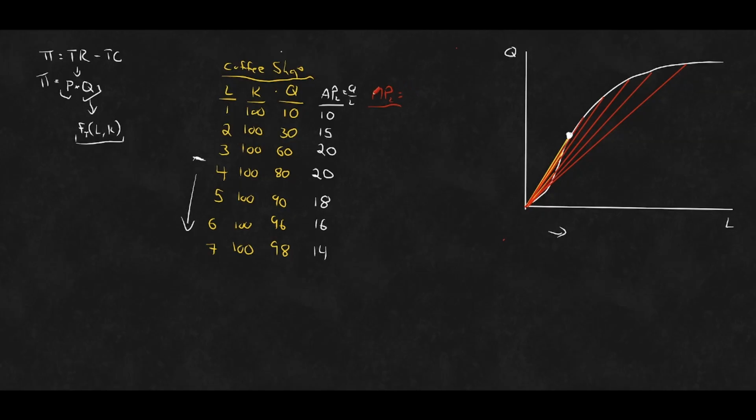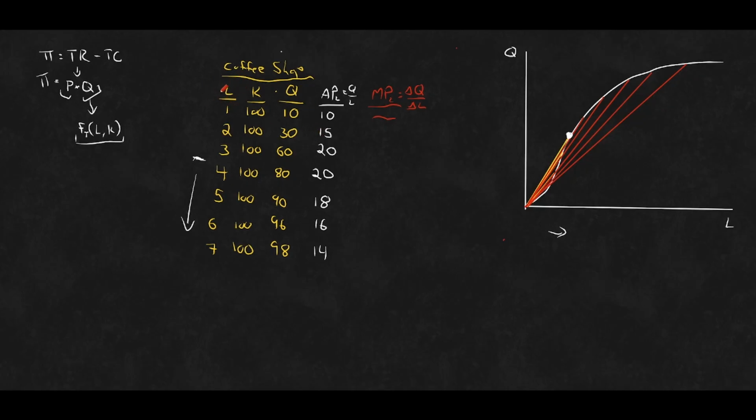And that is when we're talking about the marginal product, we're saying what is the change in our product? What's our change in our output for a change in our input? So if I add an additional worker, how many more cups of coffee do I get for that additional worker? And let's go work through that. So nothing for the first one here because, well, we don't have any workers below 1.